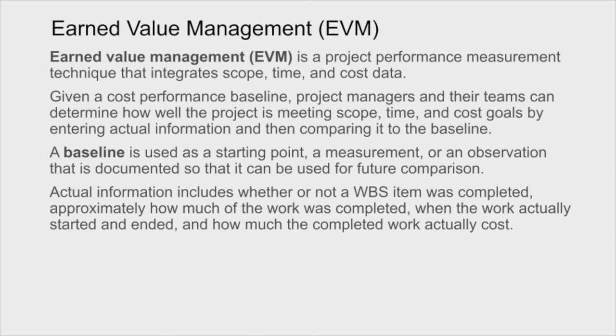So earned value management assesses the idea of, is it living up to the plan? If the plan says we're supposed to be this far in 6 months, are we this far in 6 months? If the plan says that it will cost $1 million in 6 months, are we spending $1 million in 6 months? So I need you to take a look at the videos there in order to really get a handle on the detail of earned value management.